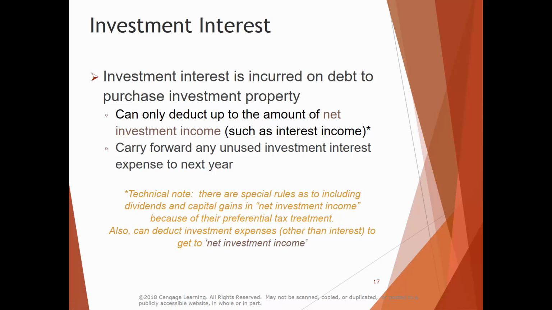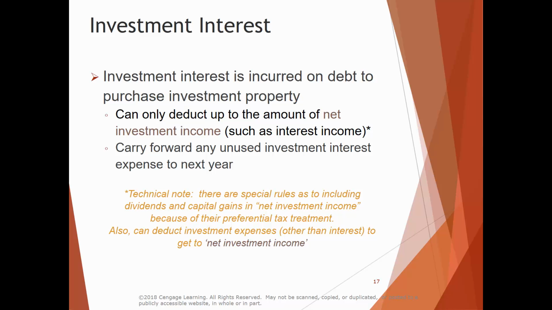Okay, investment interest. We talked about this really quickly. Can anybody remind me what this is? Yeah, you borrow money to make money. There are lots of different ways it can be handled, but the key is you can only take investment interest up to the amount of investment income that you earn that year.